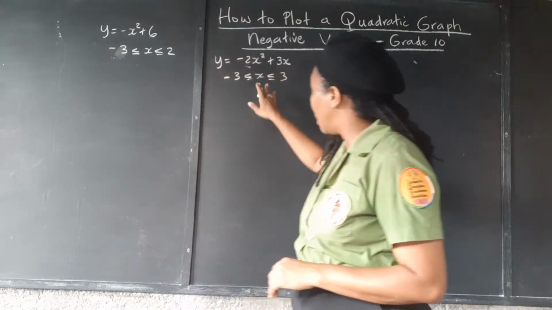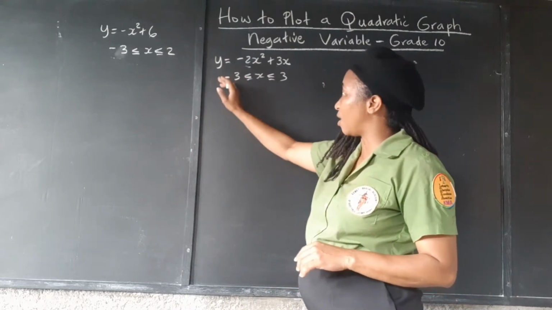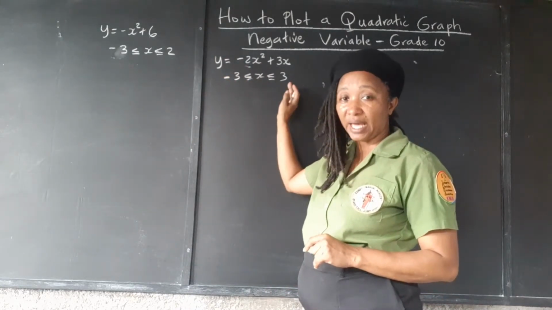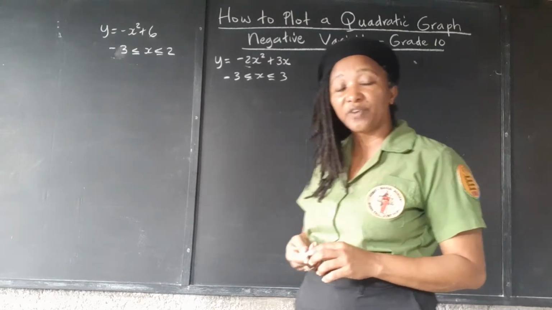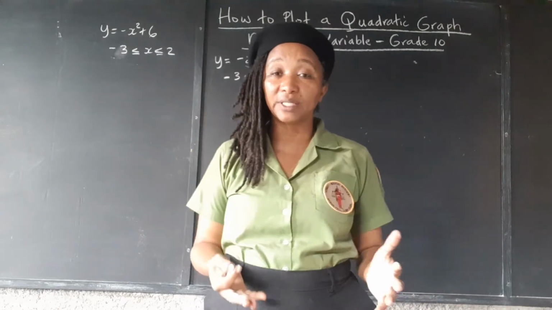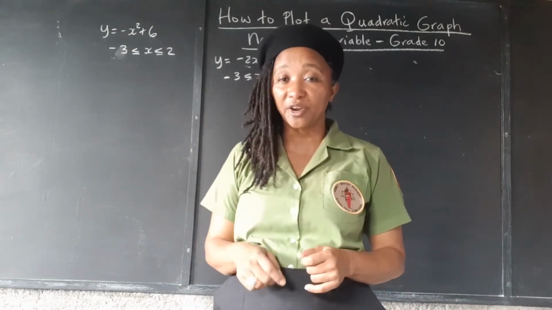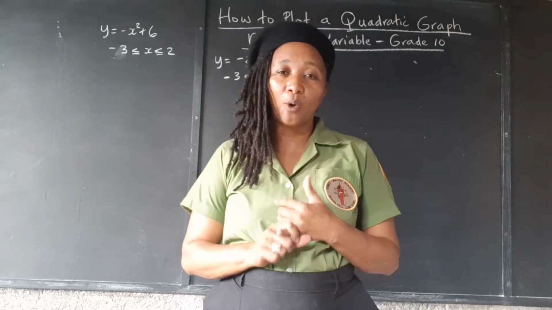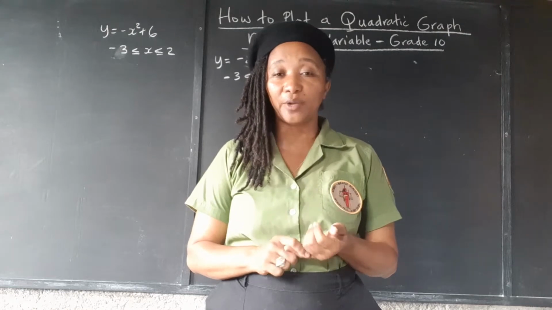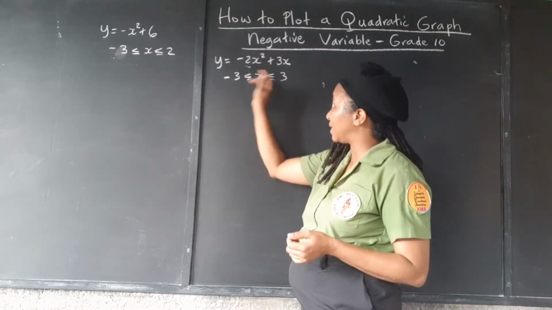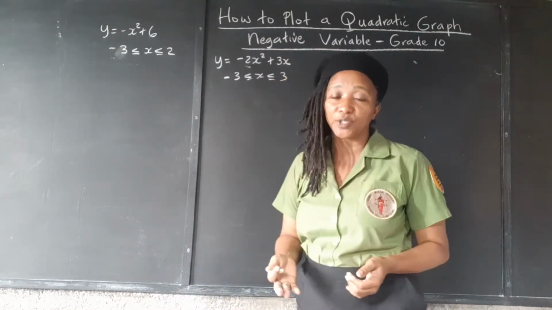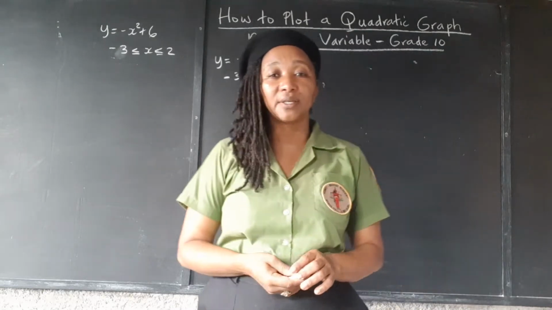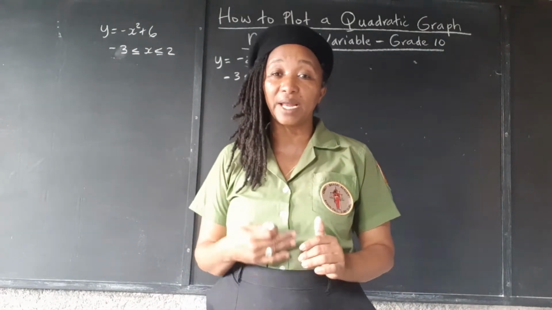Now we are given also a domain which tells us where our x values begin and where they end. If you watch the two videos that I did on the linear graphs, you would have seen where I only got the values for the endpoints of the domain, and I also used 0 because the linear graphs gave us a straight line.